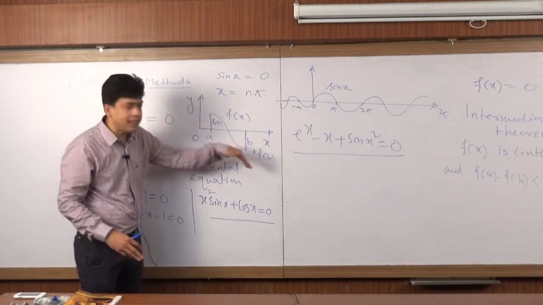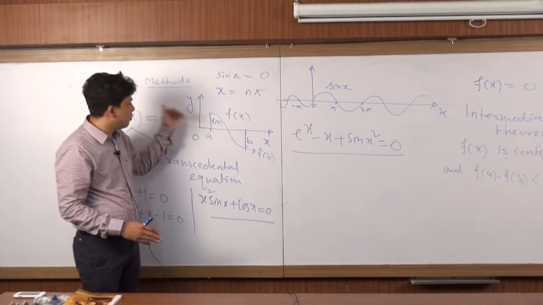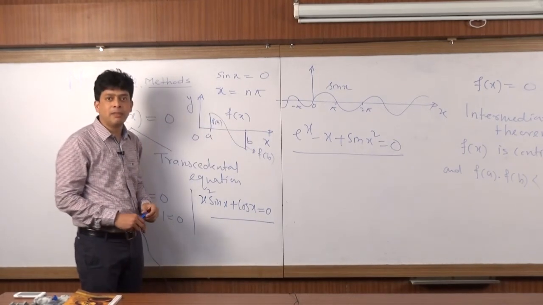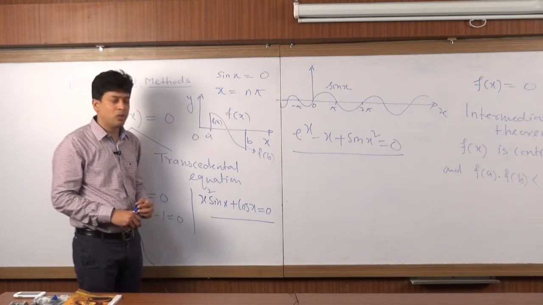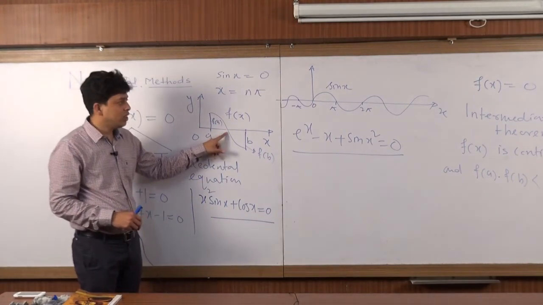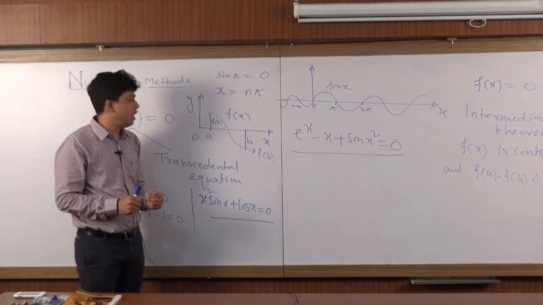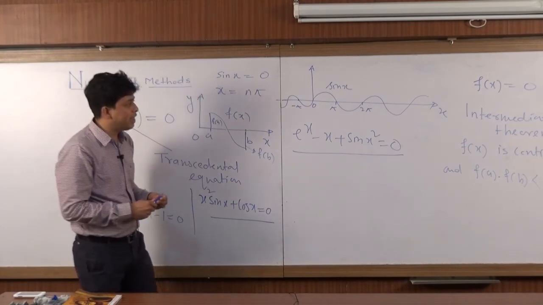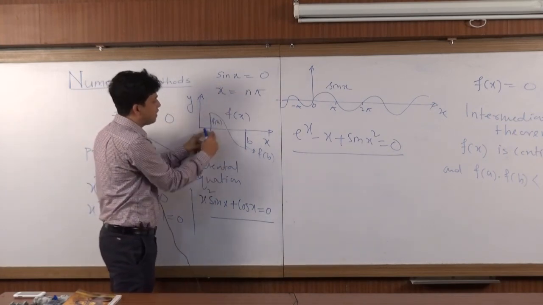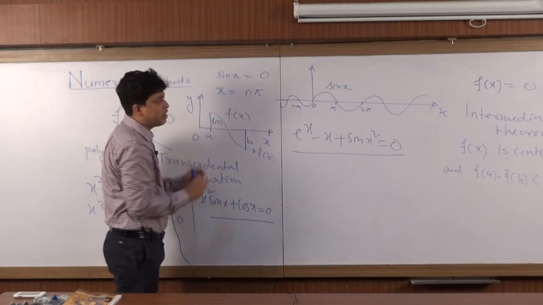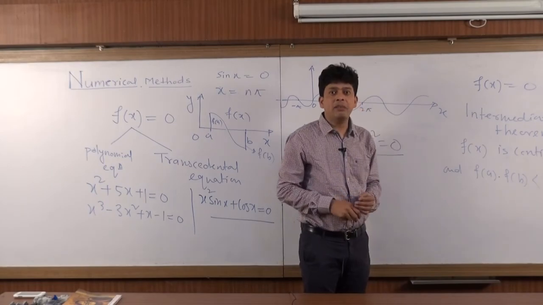If one side is positive and the other side is negative, the function must intersect the x-axis at some point, and that point is the root. So we have to find this root. The first step of the bisection method is to find the interval in which the root lies. Here, in the interval [a, b], this equation has one root. So first we use the intermediate value theorem to get the interval where the root lies.